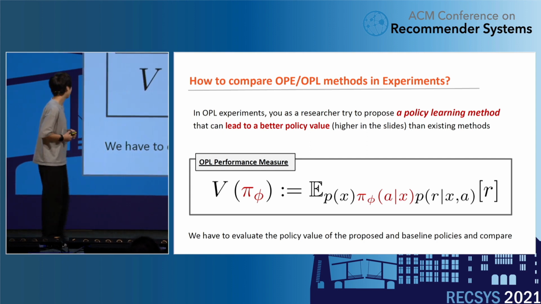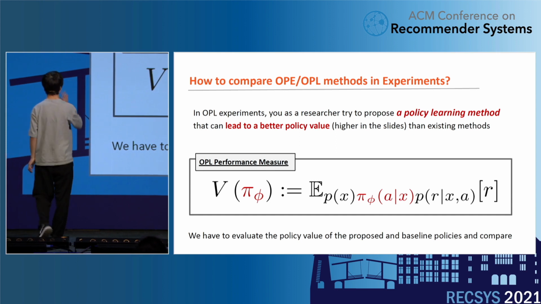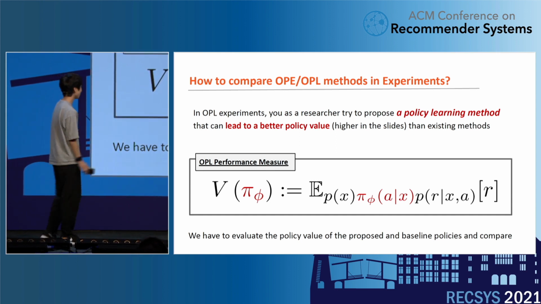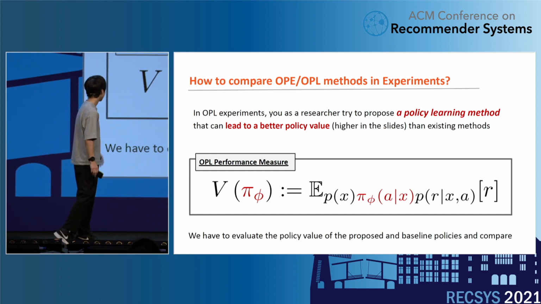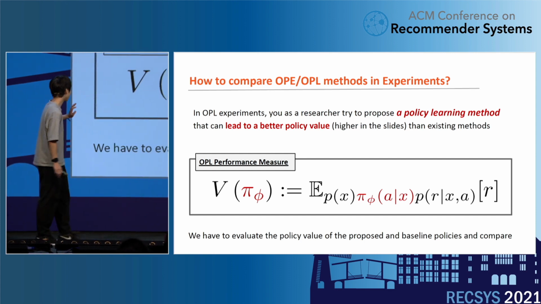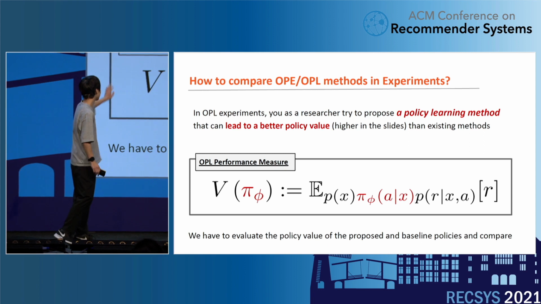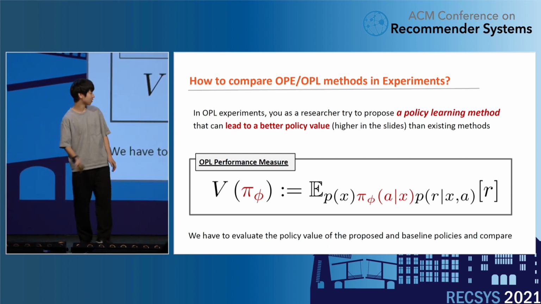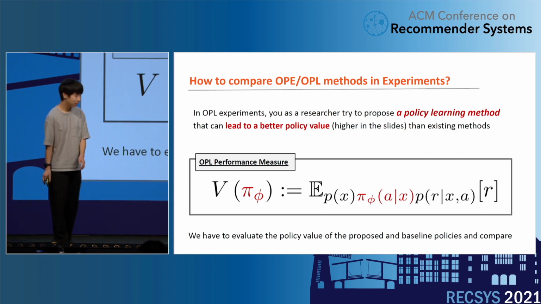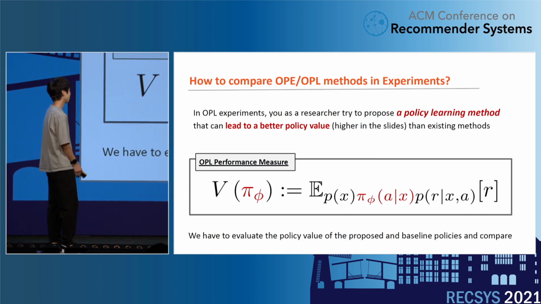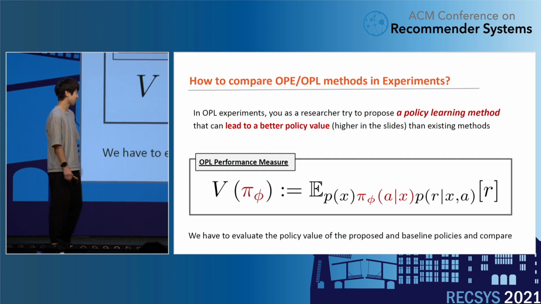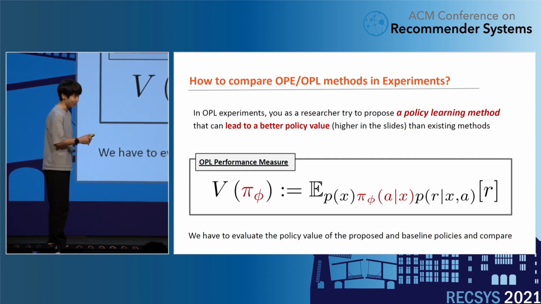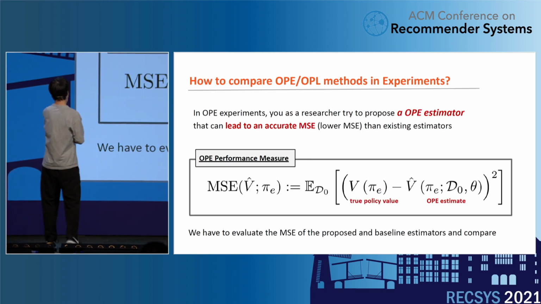And in a policy learning experiment, of course, the performance measure is going to be the policy value. And we somehow have to evaluate or estimate or approximate the policy value of your proposed method and some baseline policy learning methods, and then you have to compare. And then hopefully the proposed method is going to be the one with the highest policy value, right? That's the policy learning experiment.